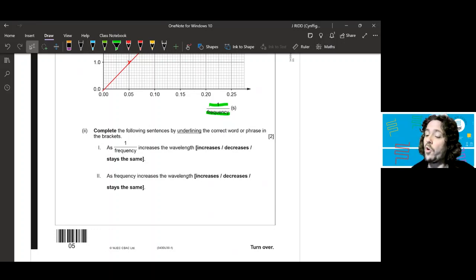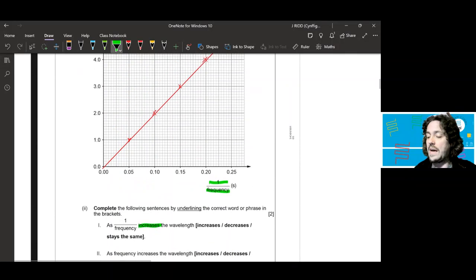Right, complete the following sentences by underlining the correct word or phrase in the brackets. We're asked to comment on the trend shown by the graph. It says, as 1 over frequency increases, the wavelength, what does it do? Does it increase, decrease, or stay the same?